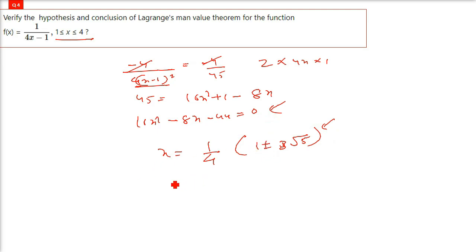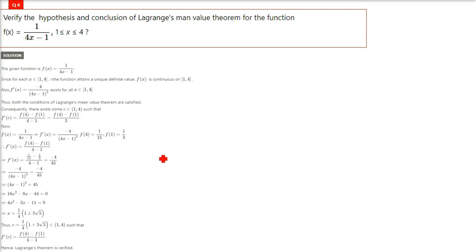This is going to be between x or c, 1 by 4, and then we have 1 plus 3 root 5. You have to reject the negative value. 1 minus 3 root 5 will not be in this domain. So by Lagrange's MVT, we have found the value. This is the solution which I just explained. You can just have a reference here and then we go ahead.